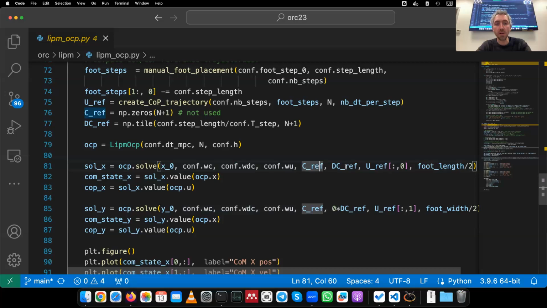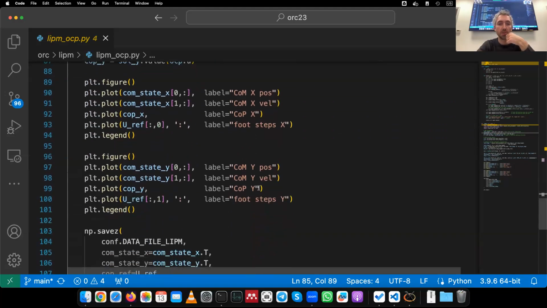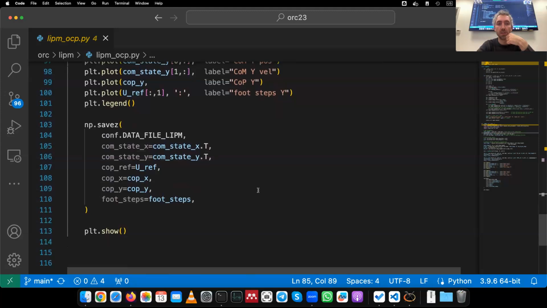Then we specify the references for C, DC, and U. And finally, we specify the bounds on the center of pressure, which are, in this case, the foot length divided by 2 for the X direction, and instead the foot width divided by 2 for the Y direction. And then we just have plots and saving the data.